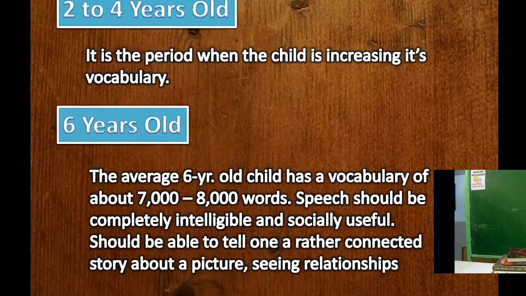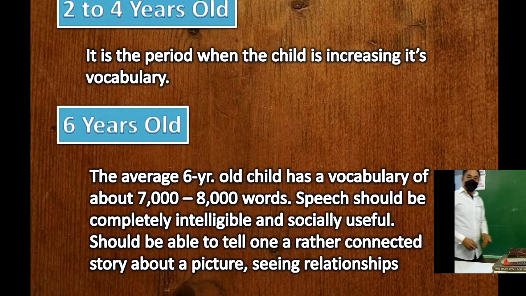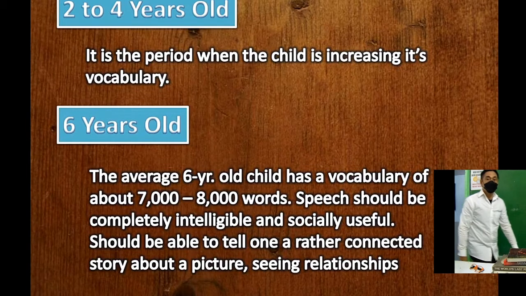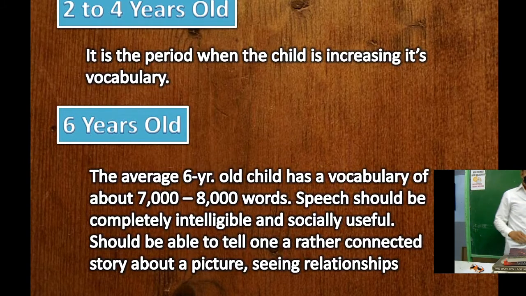2 to 4 years old is the period when the child is increasing its vocabulary. At 6 years old, the average child has a vocabulary of about 7,000 to 8,000 words.